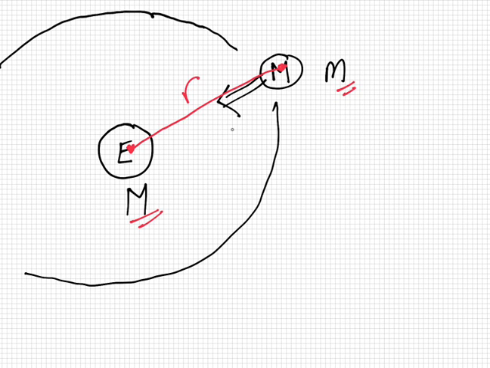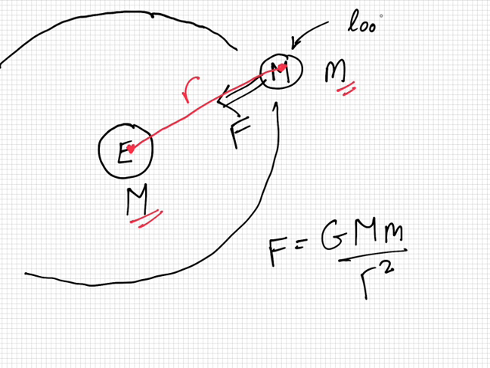So, let's calculate this F here. What's the formula? F equals GMm over r squared. That's Newton's law of gravity. Now, let's use Newton's second law. What does Newton's second law say?